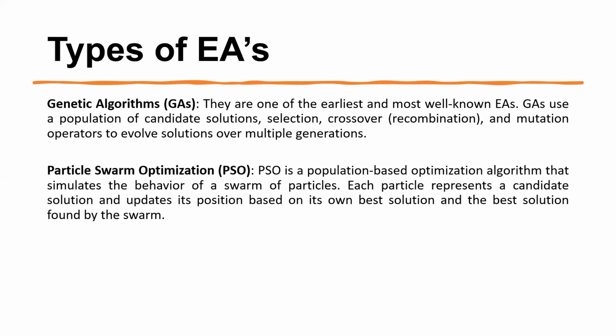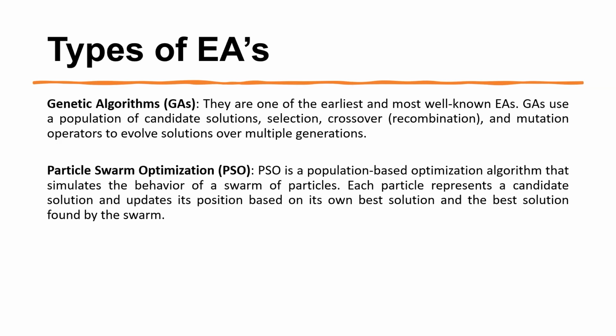So there are different types of evolutionary algorithms, like the example in the beginning slide. Genetic algorithms are part of evolutionary algorithms. They are one of the earliest and most well-known, with the process of selection, crossover, and mutation, inspired by genetic evolution.